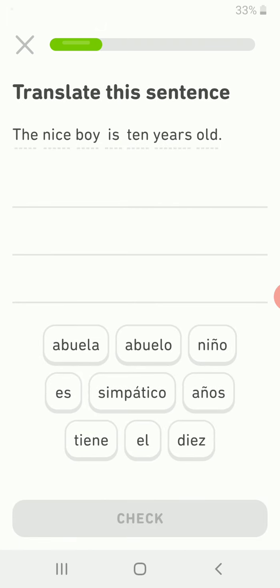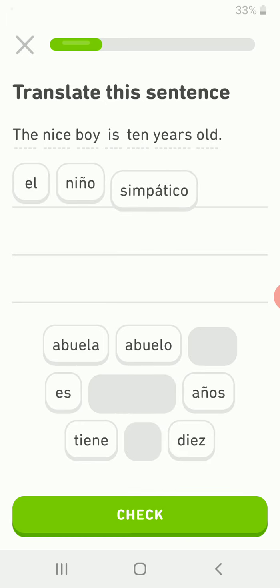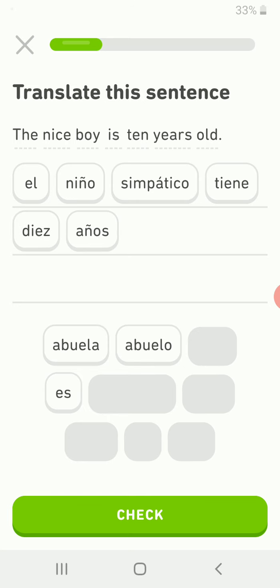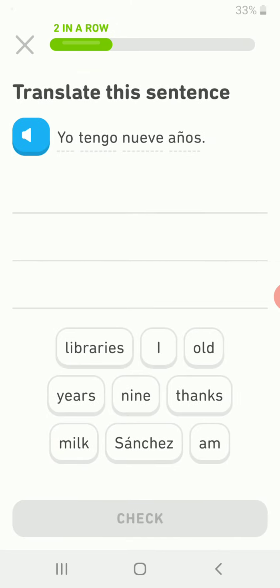And the nice boy is 10 years old. El niño simpático es... No. Tiene 10 años. Okay. Yo tengo 9 años.